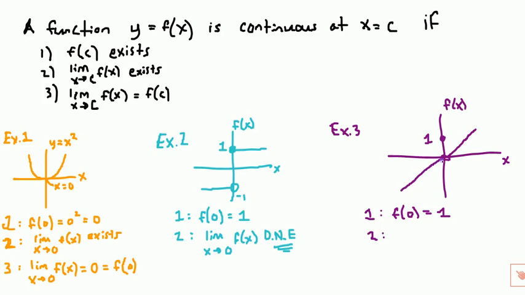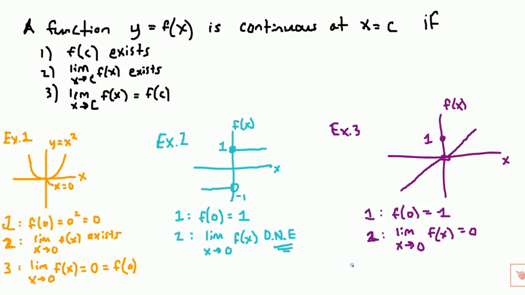So the left-hand limit is 0. And from the right, we also get closer and closer to 0. So the left and the right-hand limits equal each other. They're both equal to 0. That means that the total limit as x approaches 0 is equal to 0. So the first two conditions are met.